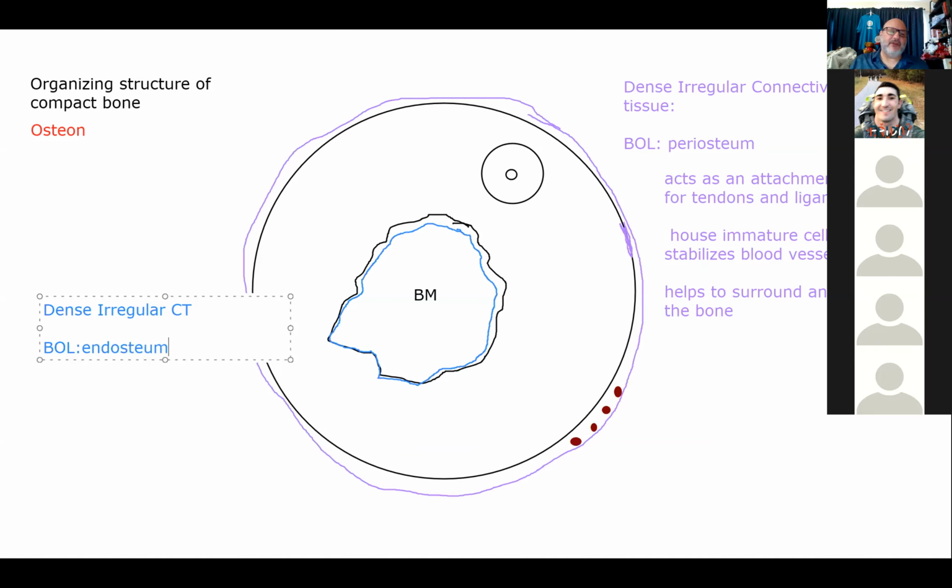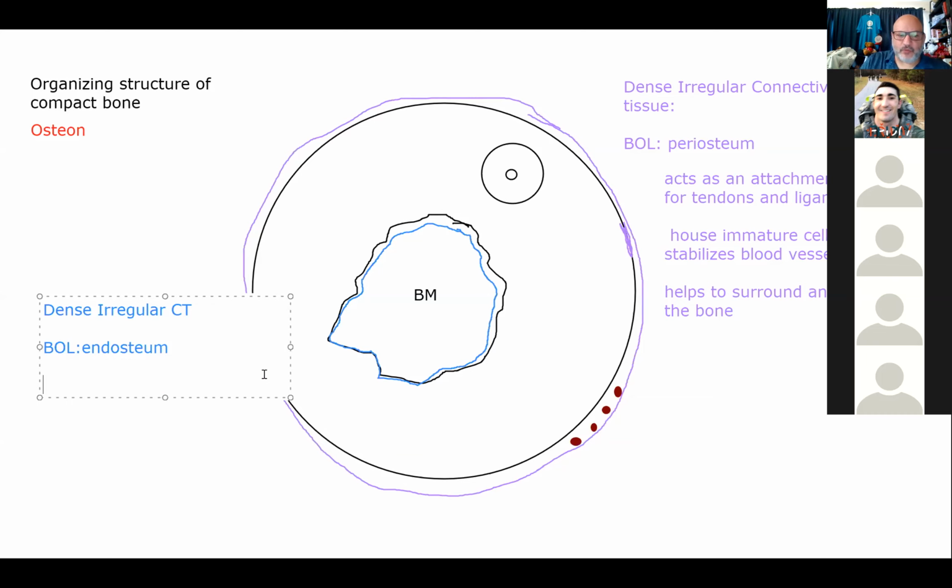All right, fun with vocabulary. Endosteum is what we call this dense irregular connective tissue on the inside of the bone. Now, if we think of the three functions of the periosteum, attachment points for tendons and ligaments can't attach on the inside of the bone. Surrounding and protecting really isn't something it can do on the inside of the bone.